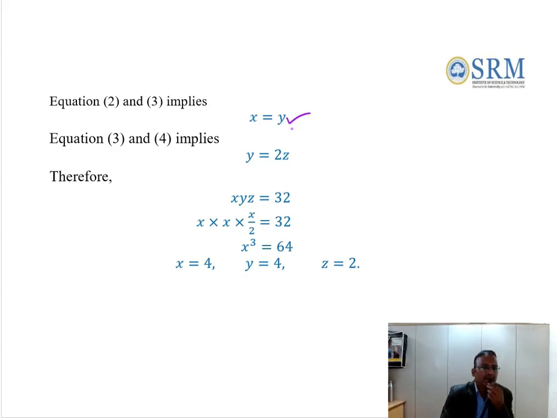Similarly, if we equate equations 3 and 4, we get the relation y equal to 2z. Then the constraint equation, dou F by dou lambda equal to 0, says that xyz is equal to 32.